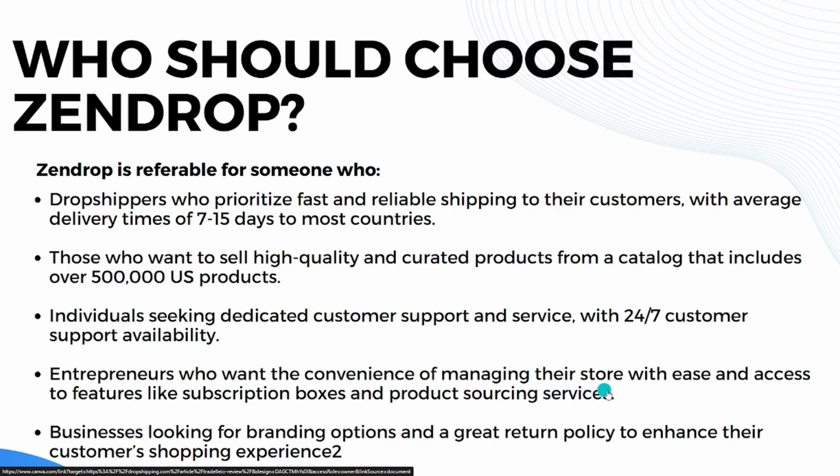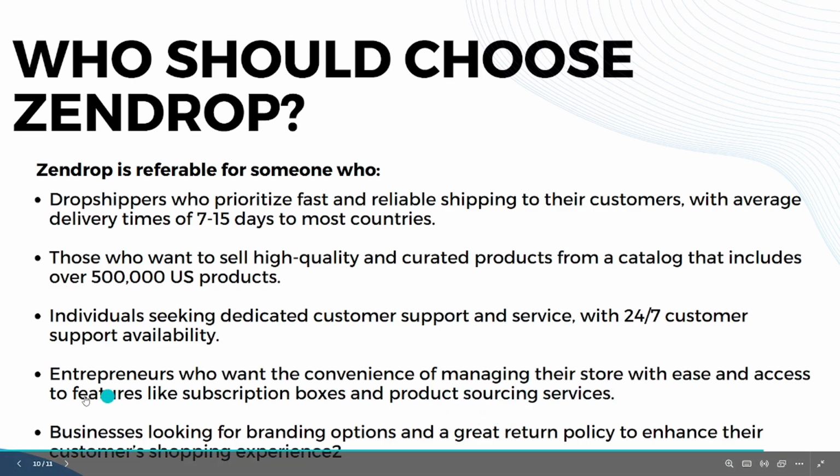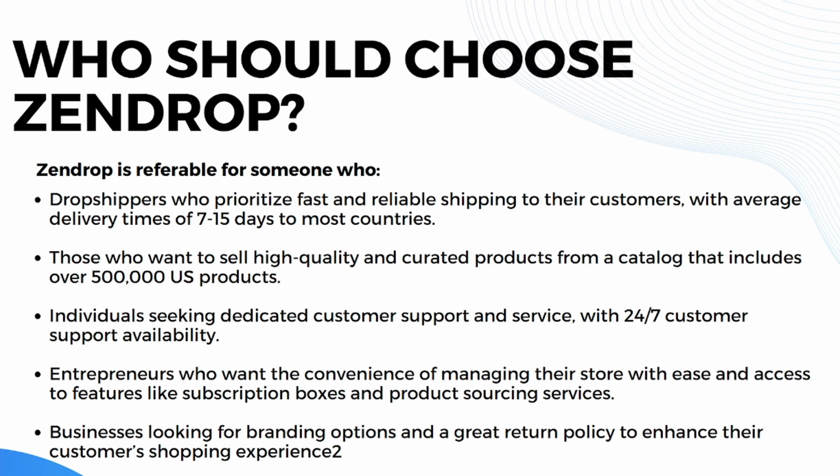For entrepreneurs who want the convenience of managing their store with ease and access to features like subscription boxes and product sourcing service. And lastly, for businesses looking for branding options and a great return policy to enhance their customers' shopping experience. So if you have all of these qualities, I recommend that you choose Zendrop rather than Tradle.